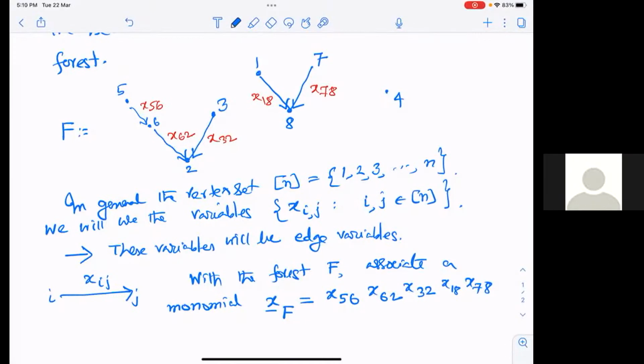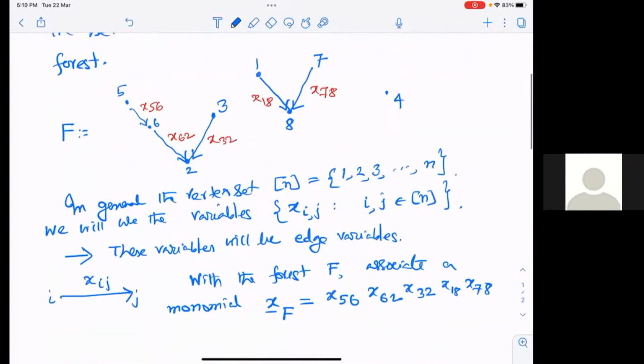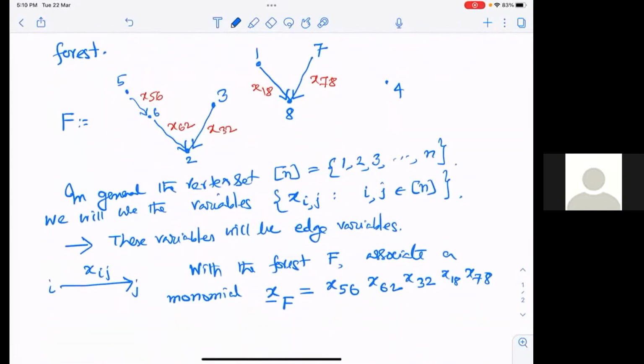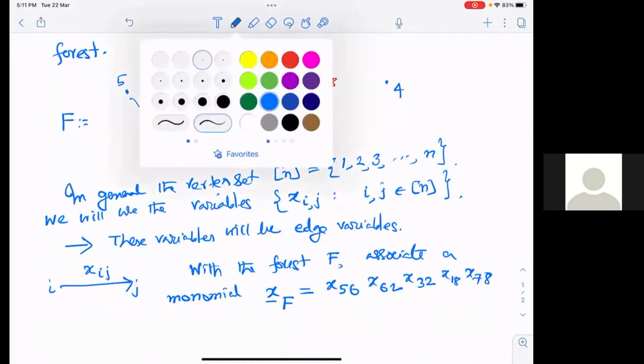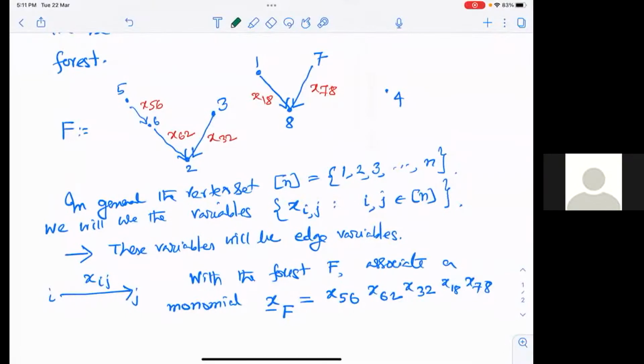Now, notice that if I tell you the root set, which in our case is {2, 8, 4}, and if I provide you the monomial, this gives the full information. Looking at the monomial, you can draw the forest, right? Likewise, for any forest, you can associate one such monomial.